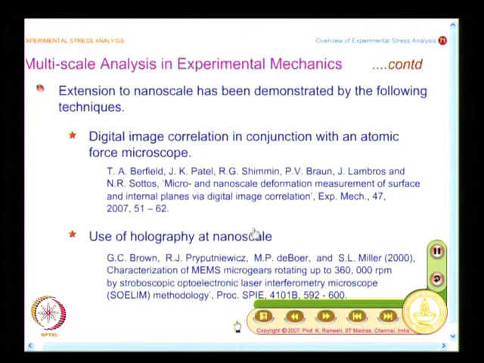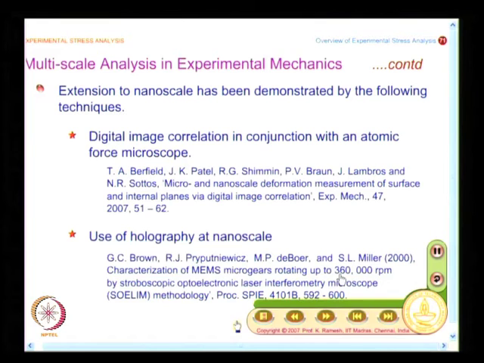And you also have holography at nanoscale. This is essentially a group led by Pryputniewicz. They have done extensive studies on MEMS, and mind you, this is about 3,60,000 RPM. You have micro gears rotating at 3,60,000 RPM.